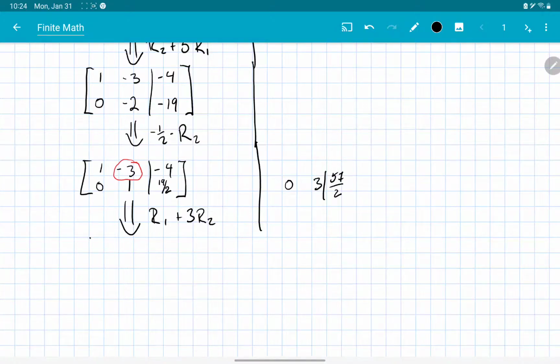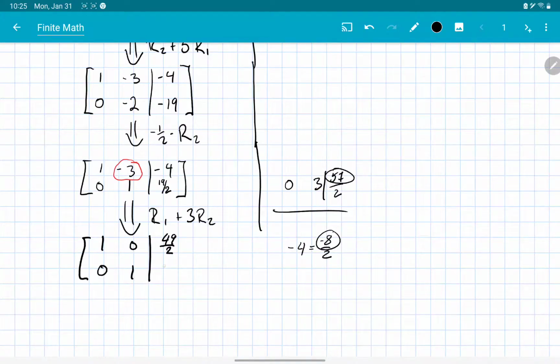So I add 0 plus 1 is 1. Negative 3 plus 3 is 0. And negative 4 plus 57 over 2, well, let's do some scratch here. Negative 4 is equal to negative 8 over 2. So negative 8 plus 57 is 49. So this is 49 over 2. And then we have 0, 1, 19 over 2.